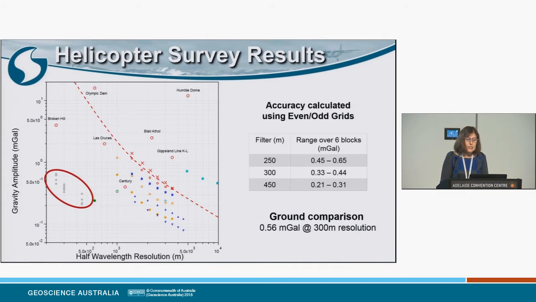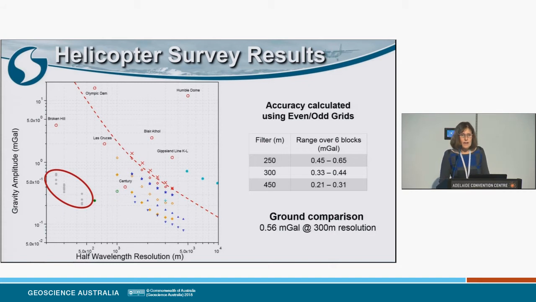And I'd just like to mention that none of these bodies have any dimensions greater than 1 kilometer. So we're talking about pretty small volumes here. So these are the points that are way over on the left and way down on this graph, because we were flying very tight line spacing and very slowly.